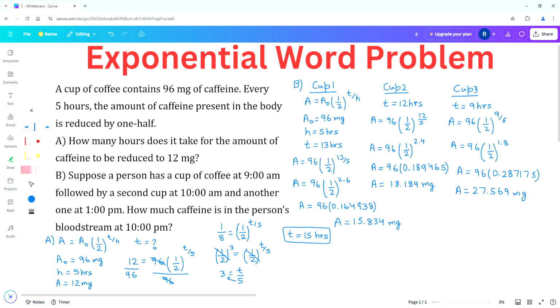This is from cup 3. We have to find the total amount of caffeine that's in the person's bloodstream at 10 p.m. That will be the sum of these three A values.